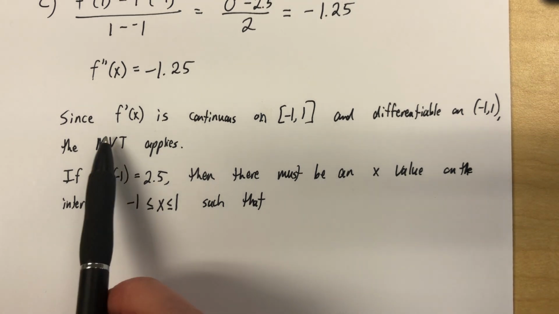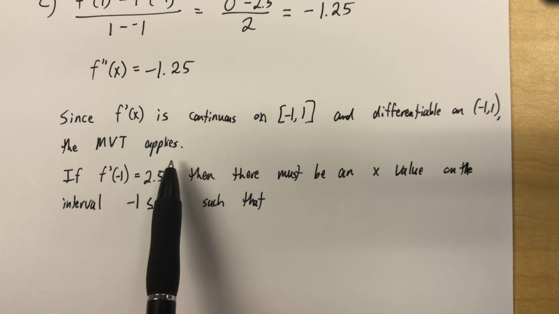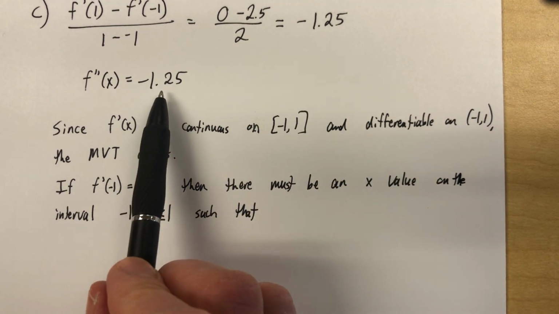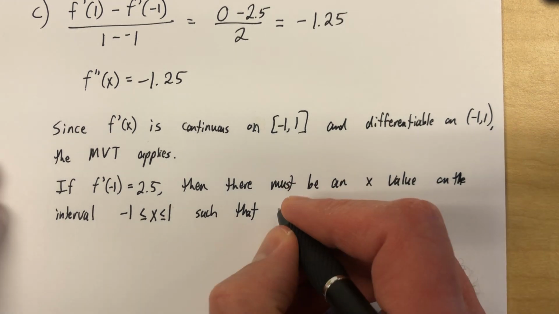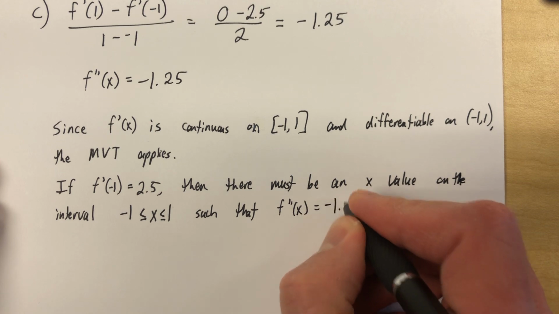We just said the function is continuous and differentiable, so the mean value theorem works. Great. Because the mean value theorem works, we plugged in what we got. The second derivative should equal this. So there has to be an x value such that the second derivative equals negative 1 1/4.